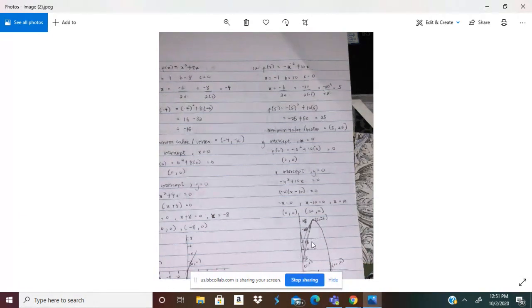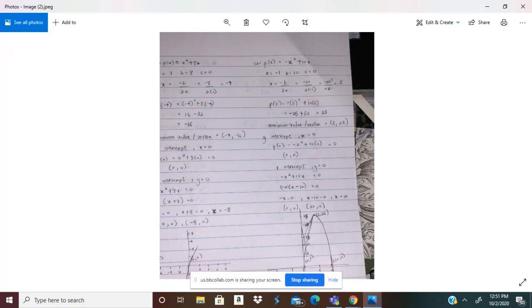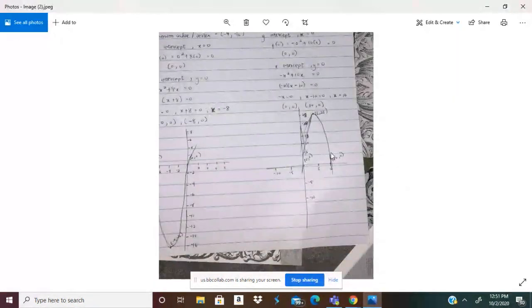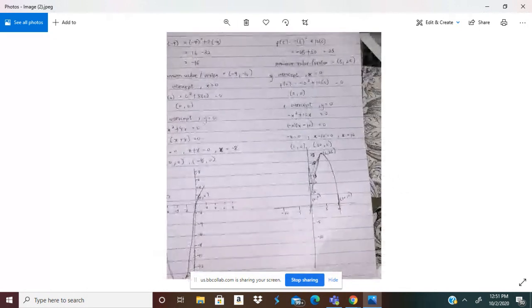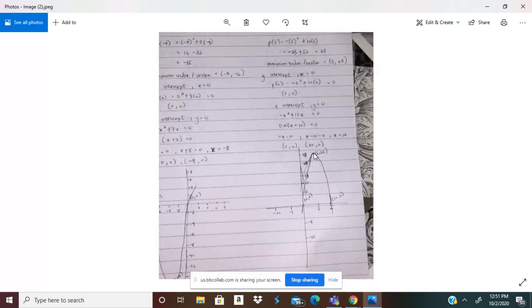I'm sorry my graph is a little bit messy. I'm plotting all my points: the y-intercept is 0, 0, one x-intercept is also 0, 0, another x-intercept is 10, 0, and my vertex is 5, 25.